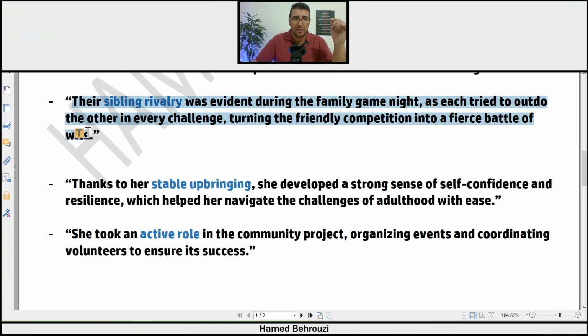Their sibling rivalry was evident during the family game night as each tried to outdo the other in every challenge, turning the friendly competition into a fierce battle of wits, okay? It's for sibling rivalry, but there are some words that you can learn here. One of them is outdo, that I used earlier in my speaking.